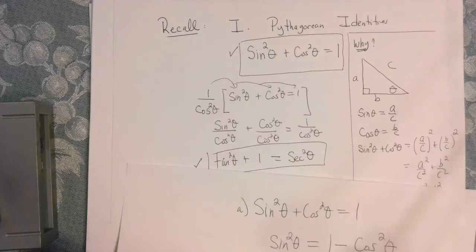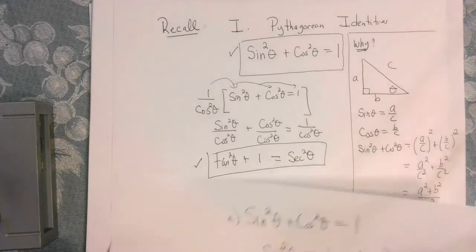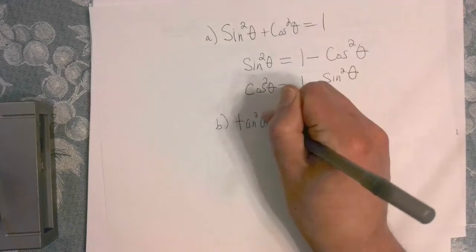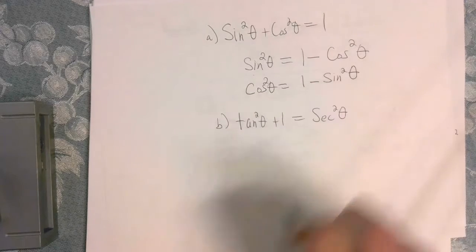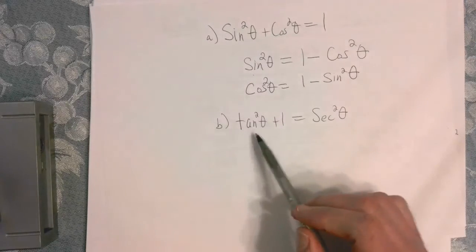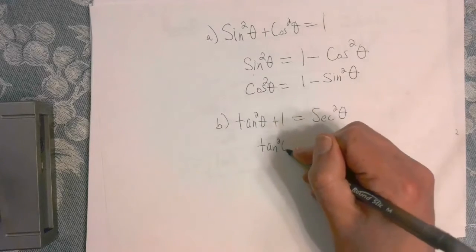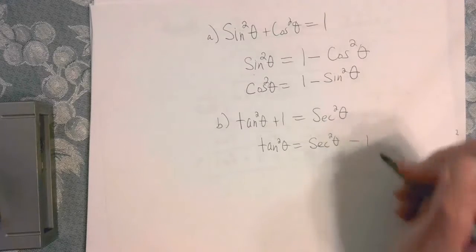And we could do the same here, right? So we could take our second Pythagorean identity and solve algebraically for tangent squared. So tangent squared of theta, that's exactly secant squared of theta minus 1.